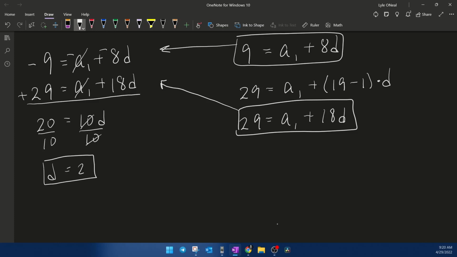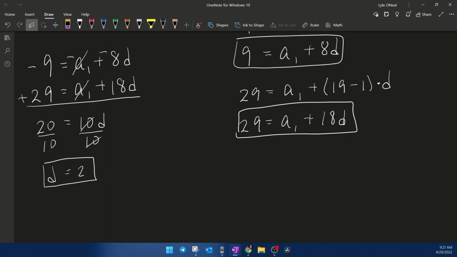So now at this point, I know the common difference, and I should be able to calculate the first term of the sequence. And so if you're wondering what is the easiest way to go from here to get the first term of the sequence, well, just continue using the technique we're using, solving a system of linear equations.